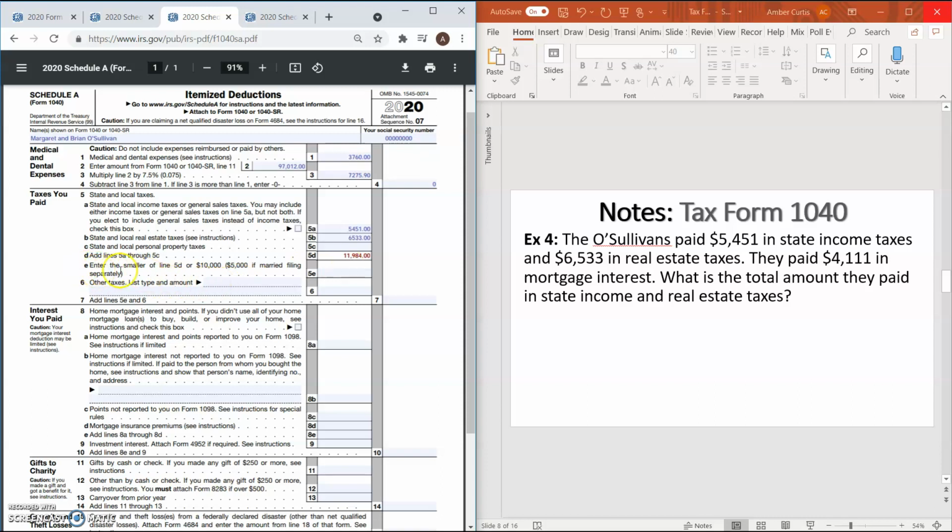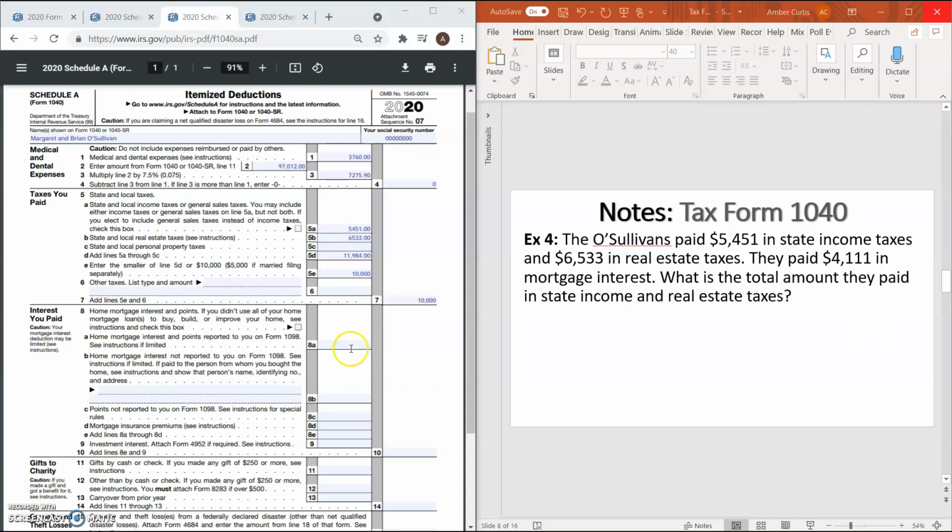And on line E, it says, enter the smaller of either 5D or 10,000. So 10,000 is the smaller. Other taxes, list the type and amount. We don't have any of those here. So we're going to add those together, and our total is $10,000.